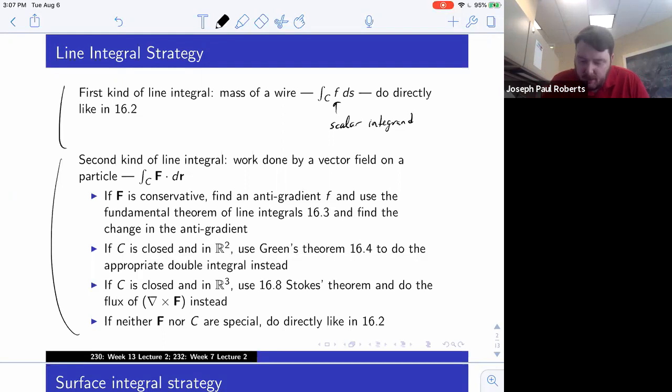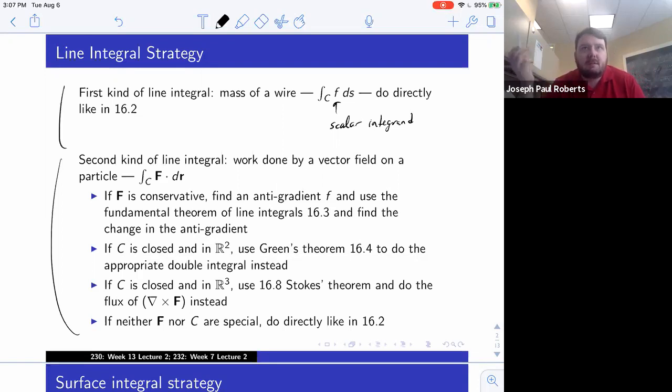And then the second kind of line integral calculates the work done by a force. This force in this case is our vector field integrand. So pay attention to all these little notational details. This F is bold, which means it's a vector field. And the idea is that now your curve represents the path that a particle is taking.